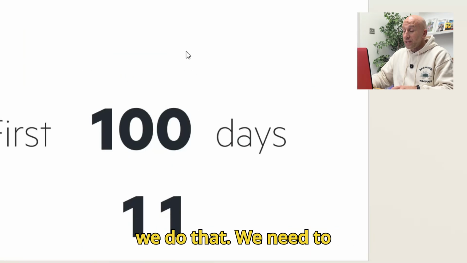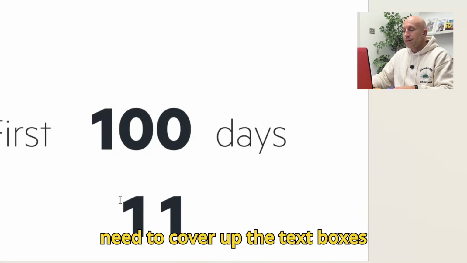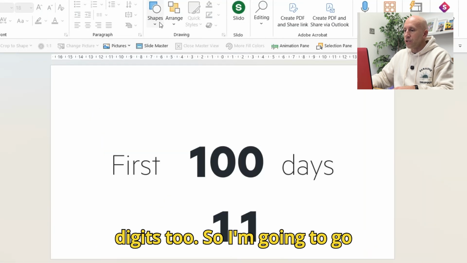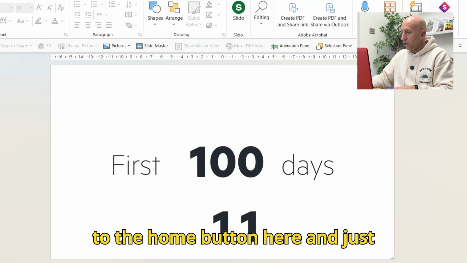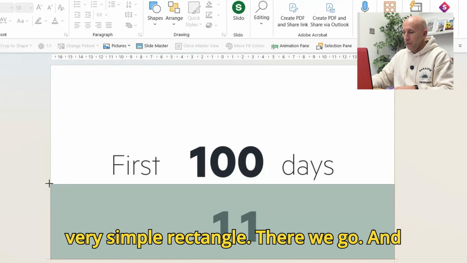Now, before we do that, we need to do a bit of a cheat. We need to cover up the text boxes that we've just added all of those digits to. So I'm going to go to the Home button here and just click on Shapes and drag on a very simple rectangle. There we go.